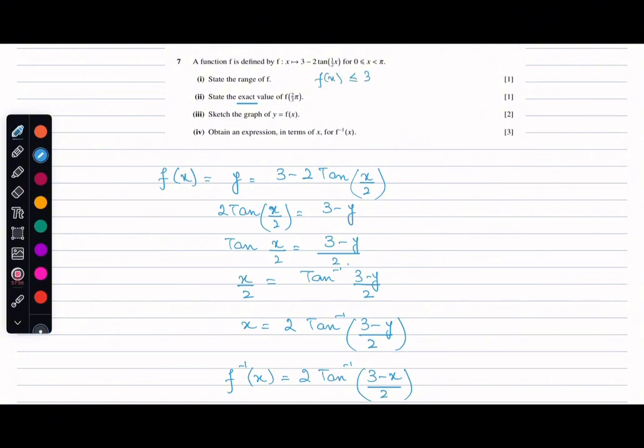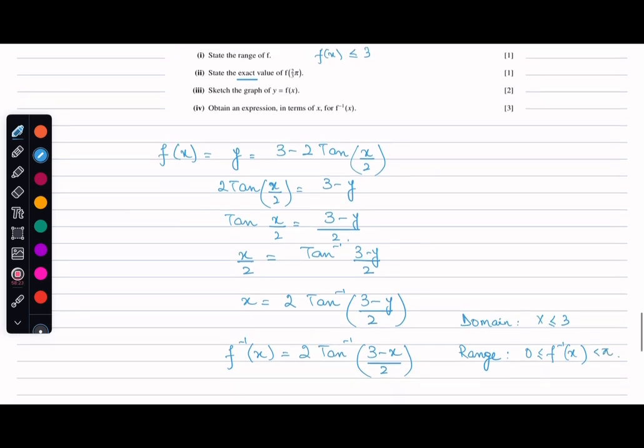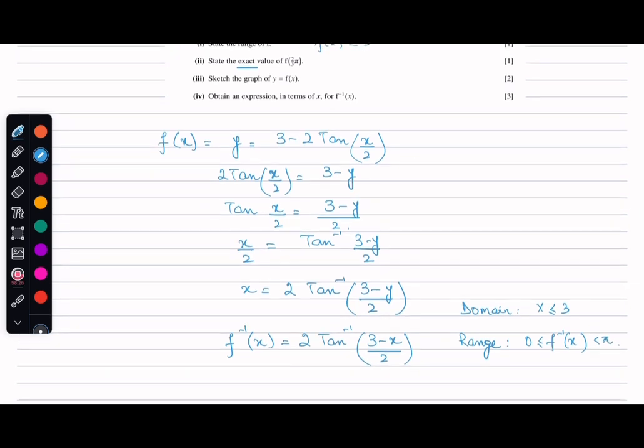So for the inverse function, our domain should be x lesser or equal to 3, and our range, again, we are just flipping the domain and range values, is 0 lesser or equal to f inverse x, which should be less than pi. So this is how this question needs to get solved, and I hope it's clear to each and every one of you.